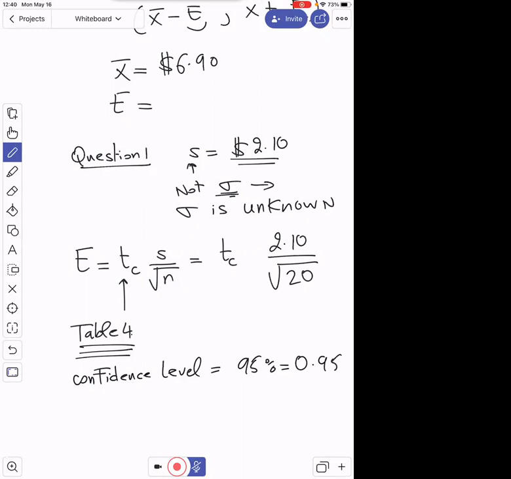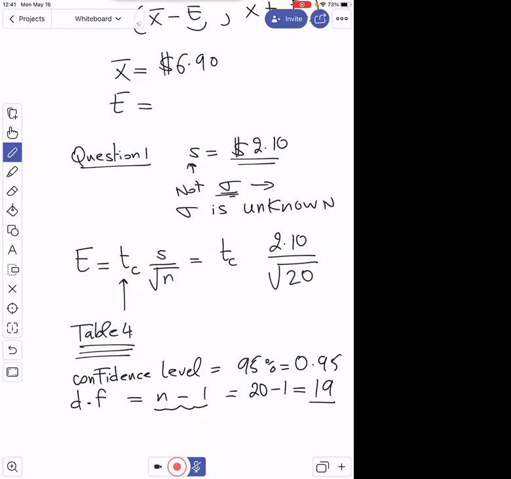And you need the degree of freedom, which is just n minus 1. Don't forget to subtract 1. So n is 20 because we have a sample of 20 receipts, so it's 20 minus 1, it's 19. So my degree of freedom is 19 and my confidence level is 0.95.